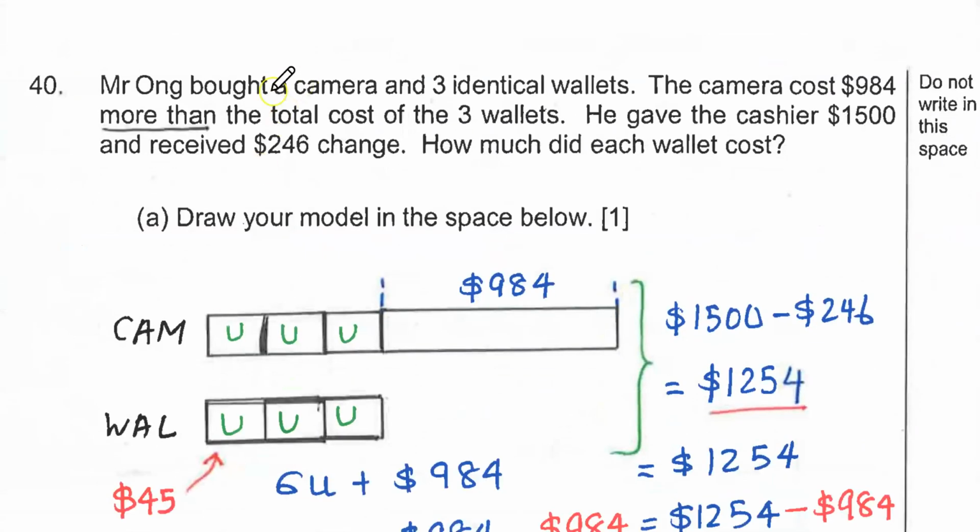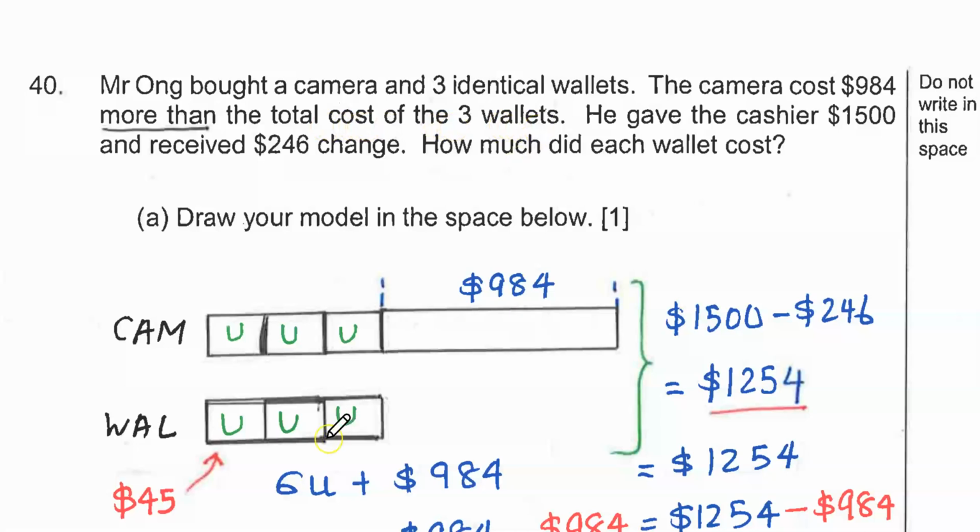Now, Mr. Ong bought a camera and 3 identical wallets. Imagine one camera holding here, one camera, wallet here, but there are 3 of them. Now it says the camera costs $984 more than the total cost of 3 wallets.